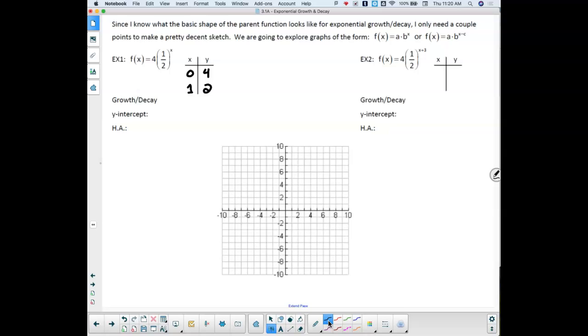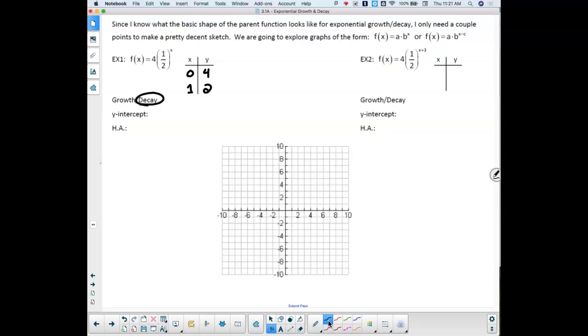Growth or a decay? Okay, so we can do this one of two ways. As my x value increased here on those two, my y value decreased, so therefore it's a decay. Another reason: B is less than 1 but bigger than 0. Yep, so therefore it's a decay. Love it.